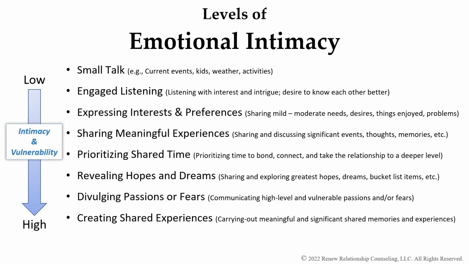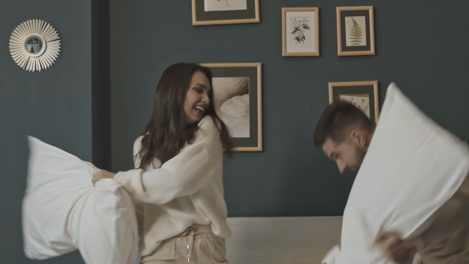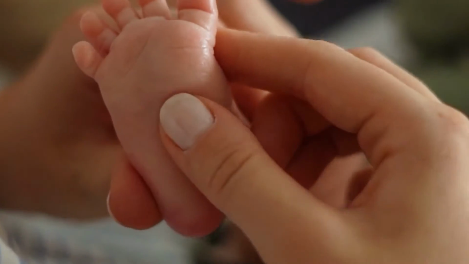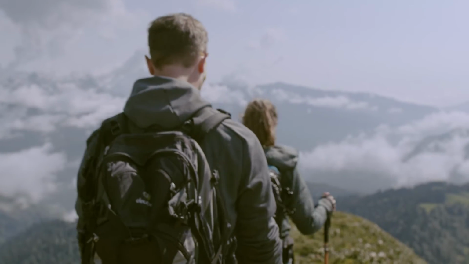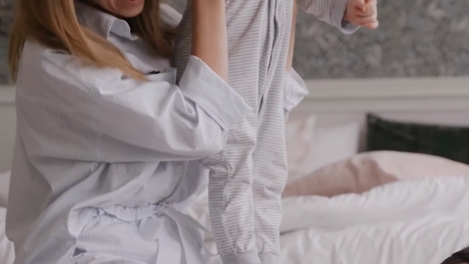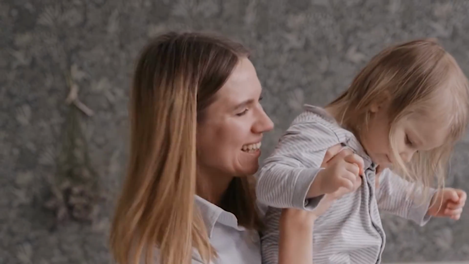So it's combining what I'm learning and sharing those meaningful experiences, prioritizing those hopes and dreams, taking those passions, and creating shared experiences with one another that help our relationship fulfill some of those things in our lives, right? And this starts to really hone in on just a few select people in my world and hopefully my partner being that pinnacle person that I'm creating these shared experiences with.